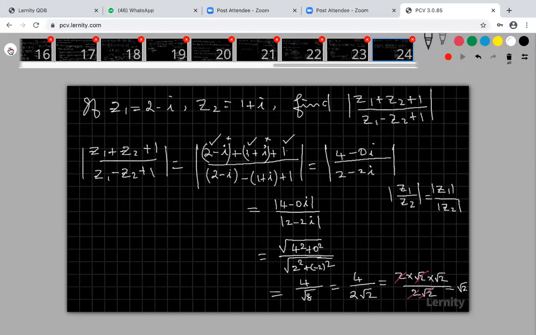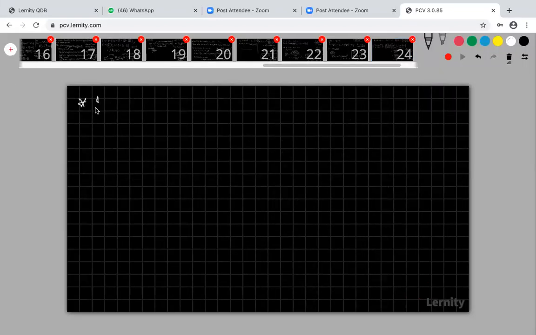If a plus ib is equal to (x plus i) the whole squared divided by 2x squared plus 1. Once again, I will check the question.